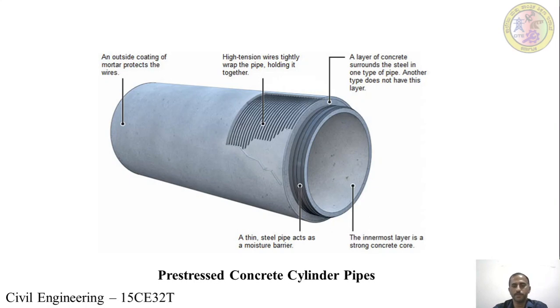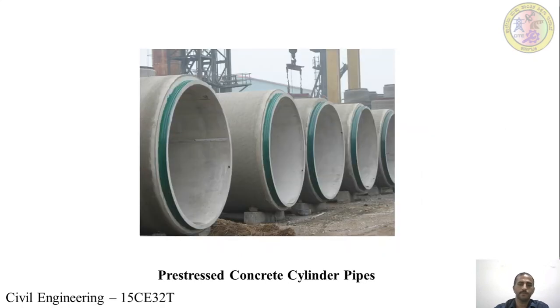This combination is compressed by high tension wires tightly wrapped around the pipe. These steel wires are protected by outer coating of mortar. Here you can see the figure of pre-stressed concrete cylinder pipes.